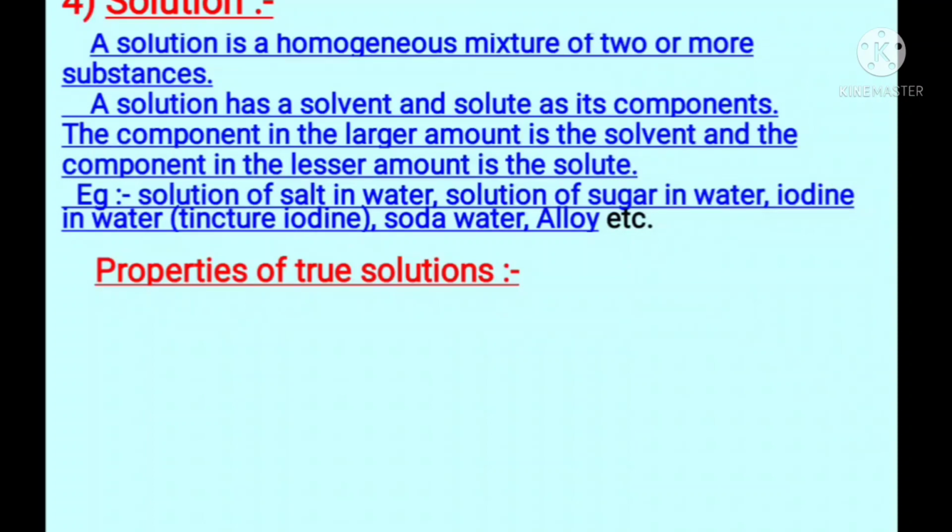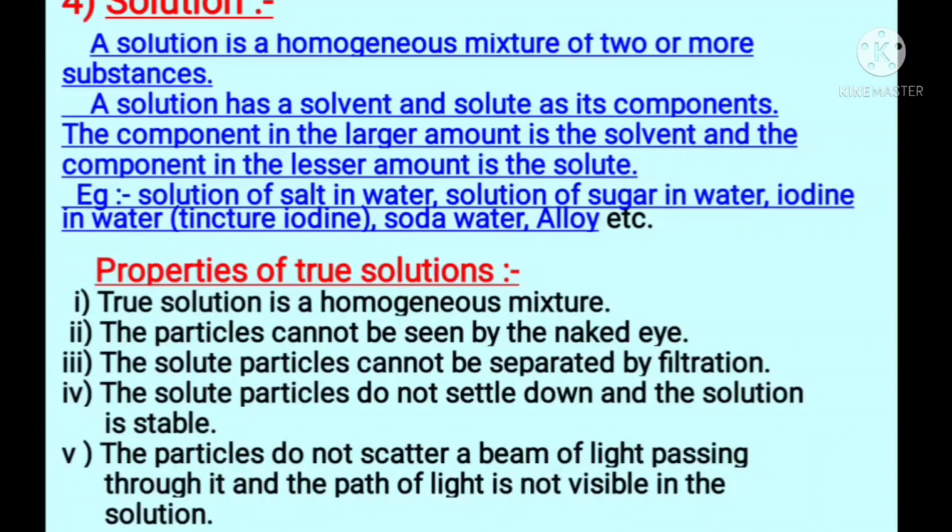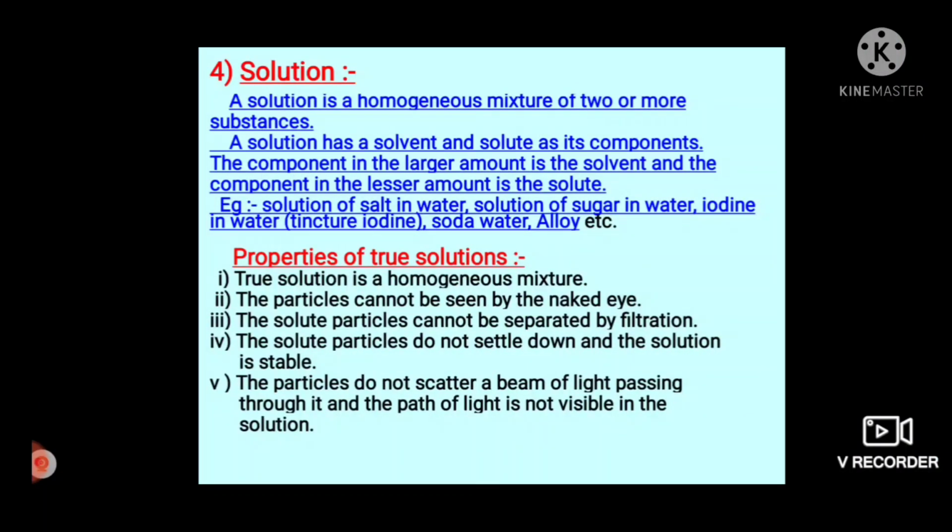And what are the properties of a true solution? A true solution is a homogeneous mixture. A homogeneous mixture means that the mixture is just the same throughout. The next property is that the particles cannot be seen by the naked eye.